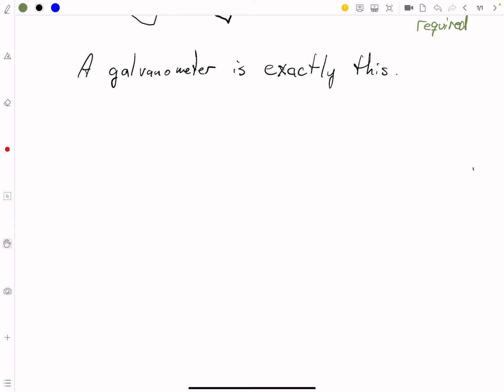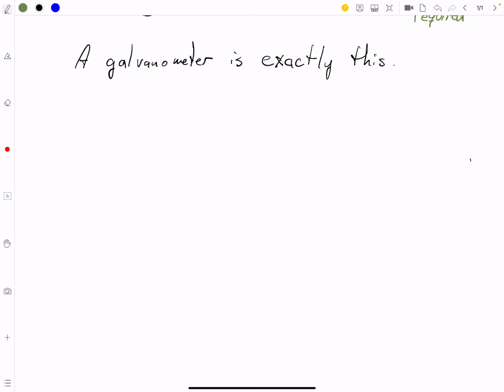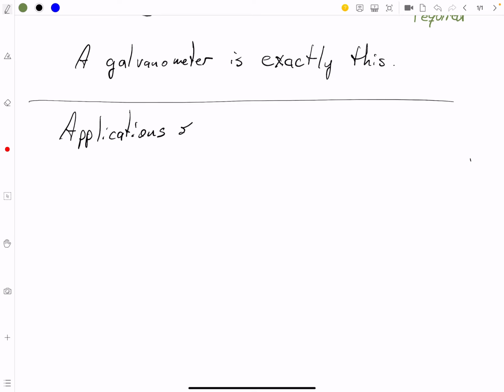So let's talk a little bit about applications. Applications of magnetism.